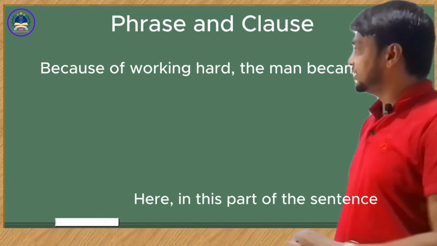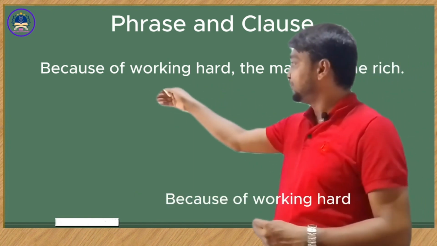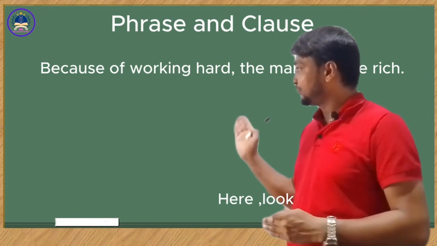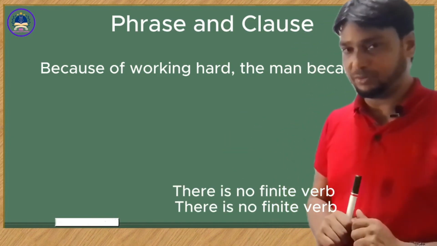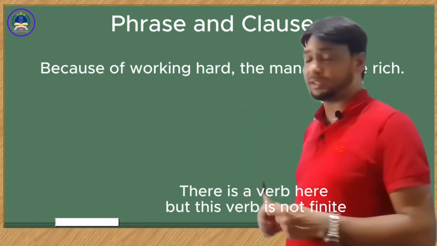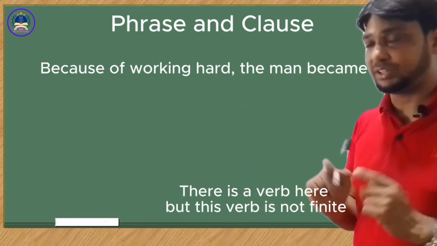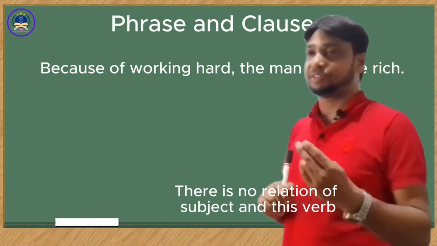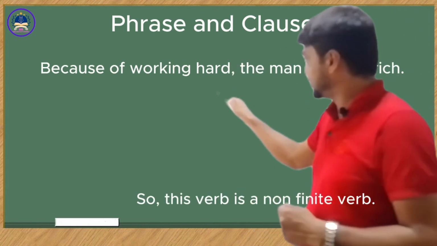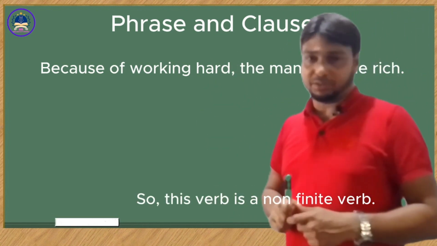Here, in this part of the sentence, because of working hard, look, there is no finite verb. There is a verb here, but this verb is not finite. There is no relation of subject and this verb. So, this verb is a non-finite verb.